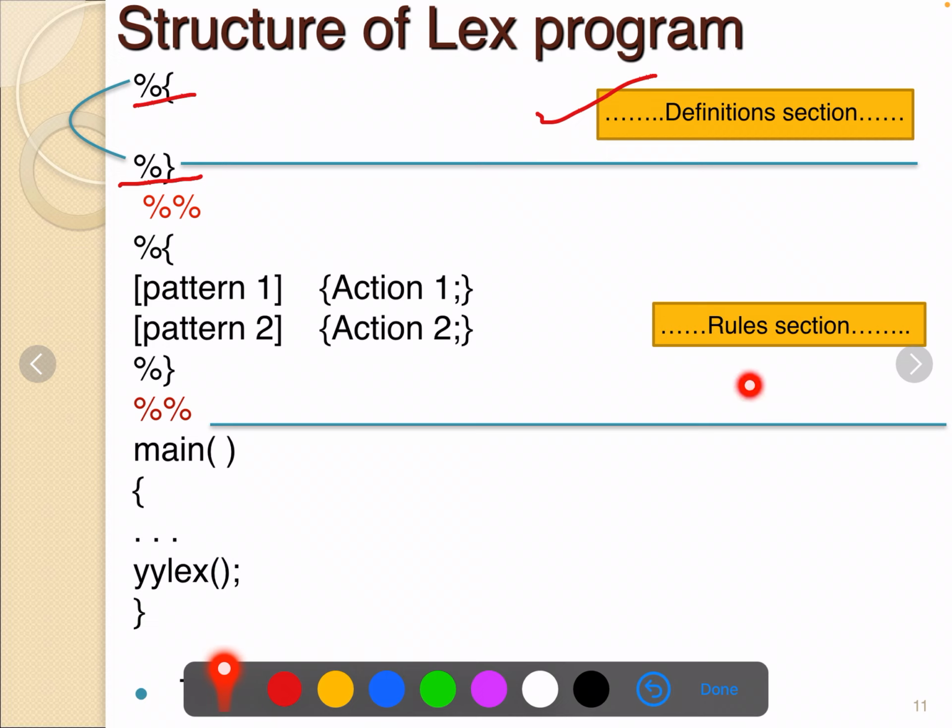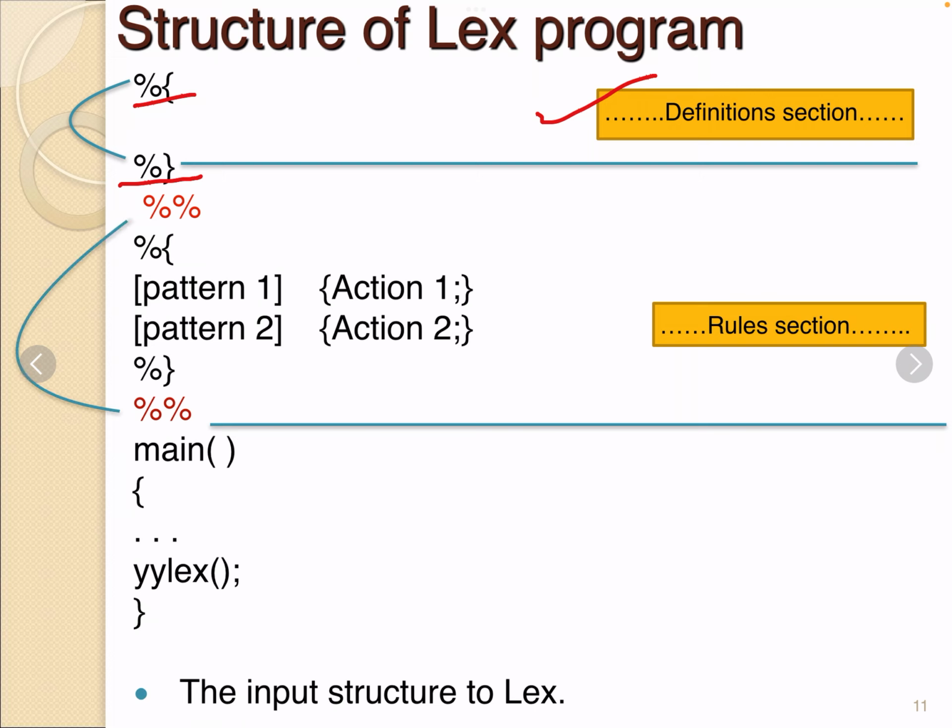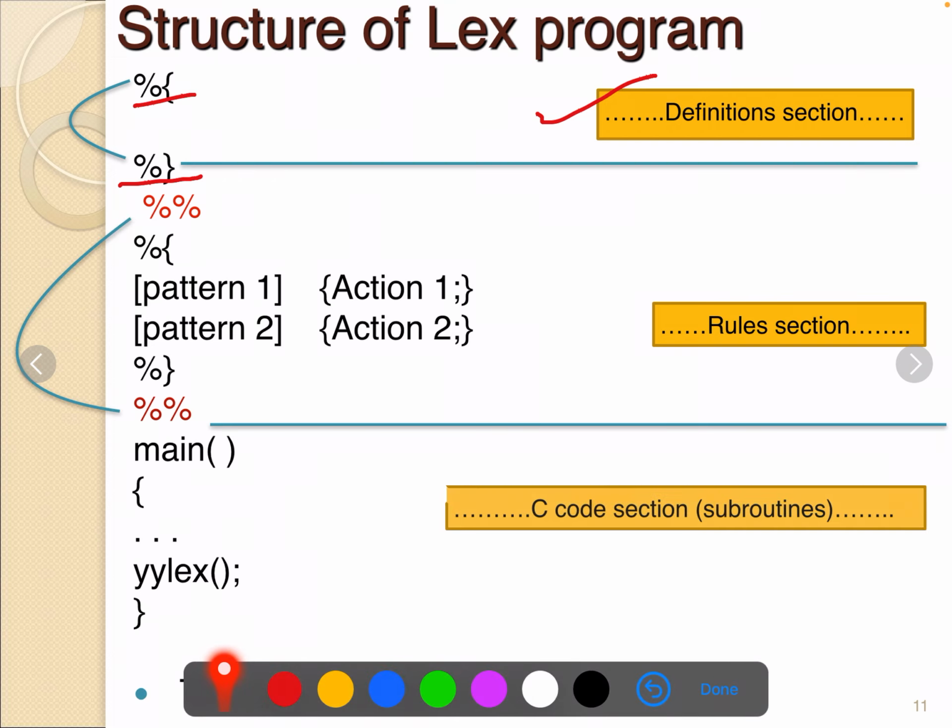Similarly, the rule section is separated from the main section with the help of double percentage, and the rule section is written within these. Finally, the main section has a main function calling yylex to call the LEX part. This is called the C code section or subroutine section.